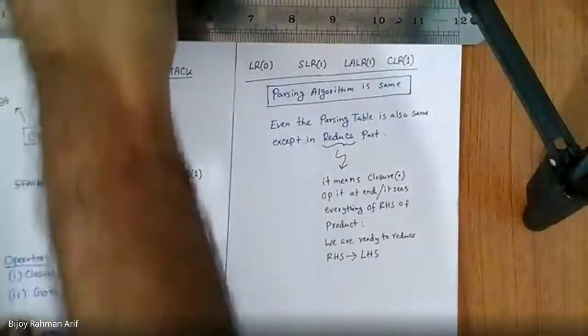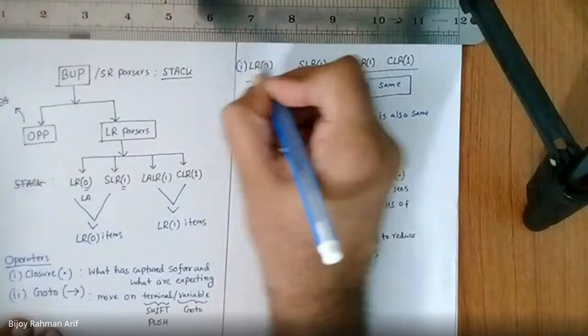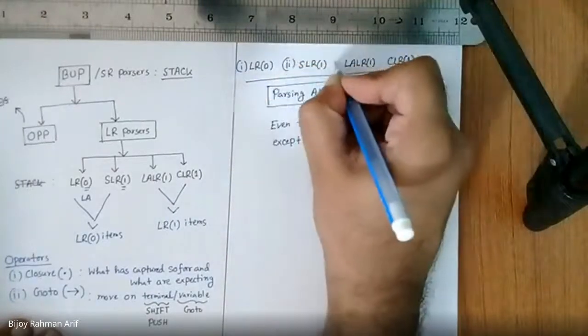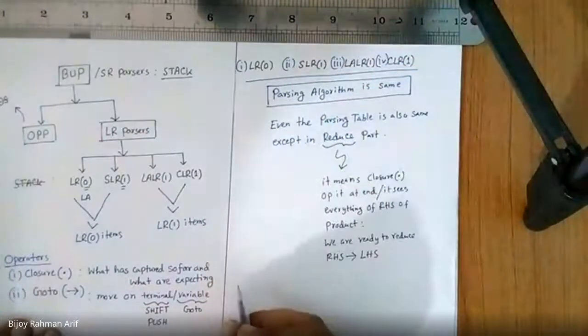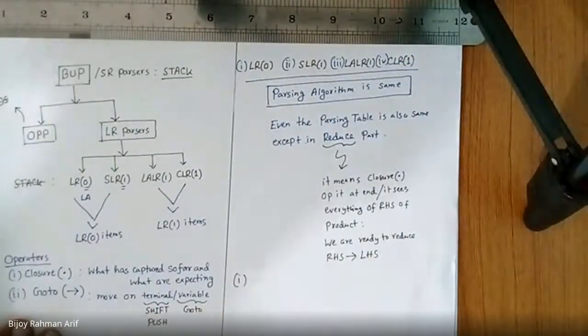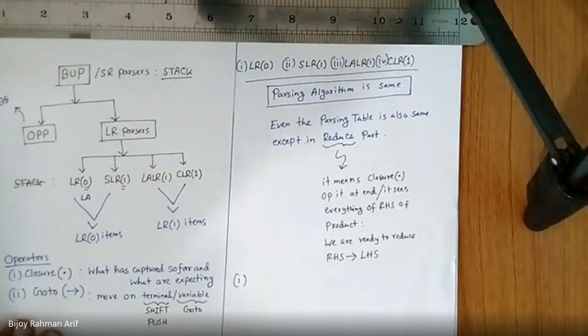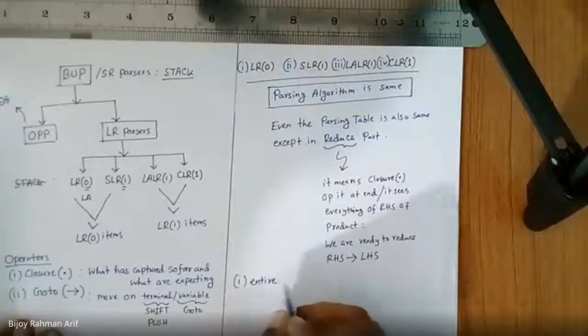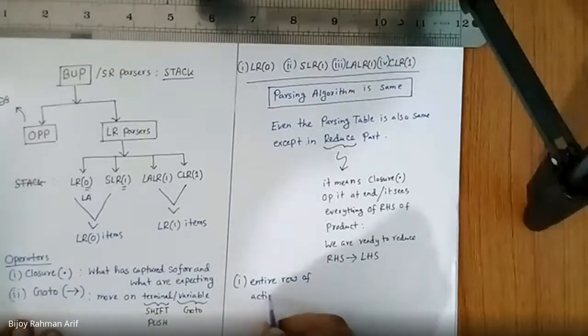Now let's number these 1, 2, 3, 4. Why should we write the reduce move in the LR0 parser? Entire row of action. So that is LR0.